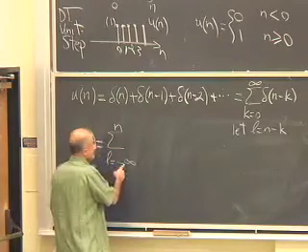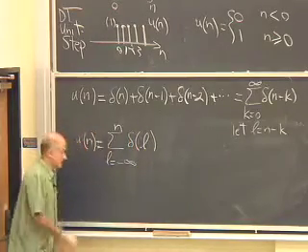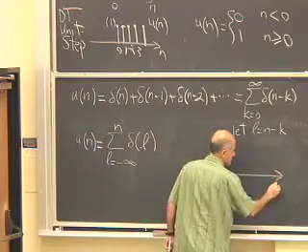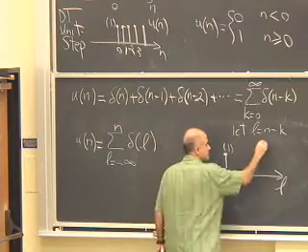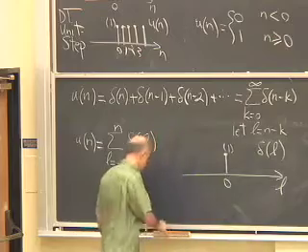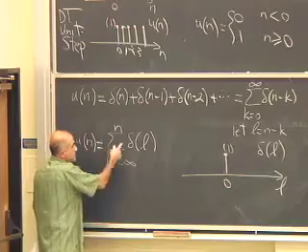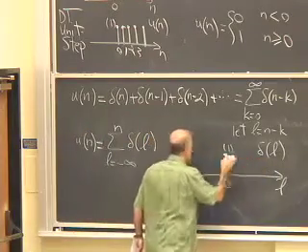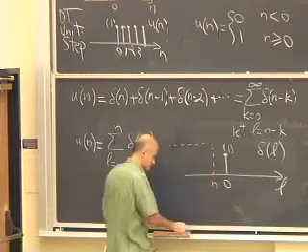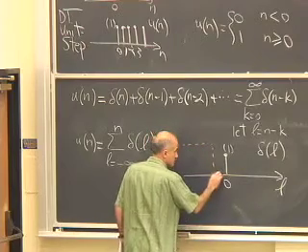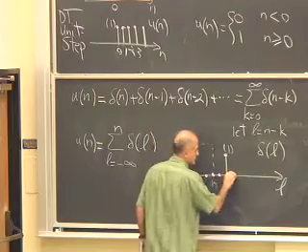All right, so then we have delta of L. And this corresponded to the picture where you have L as your dummy variable. You have delta of L, so you've got a spike at the origin. And you're summing all the values of the signal from minus infinity to n. So these are all 0.